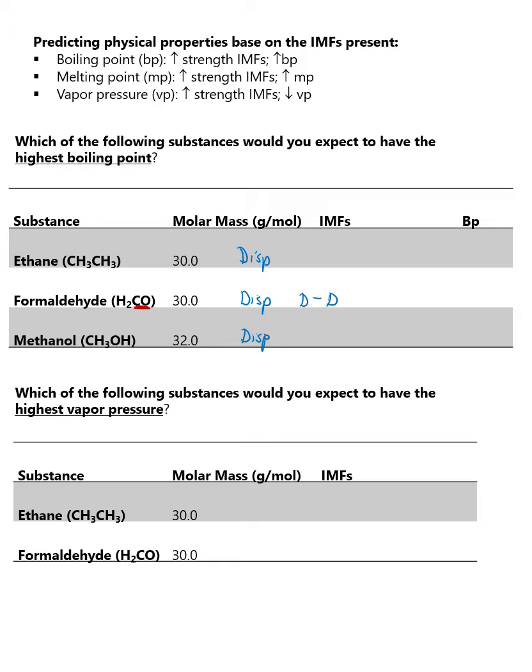Now, in the last one, where I have methanol, you already did methanol in the previous table too. For methanol, you have dispersion forces. You have a bond between oxygen and hydrogen. That bond right there, it's a polar bond, which means that you have dipole-dipole.